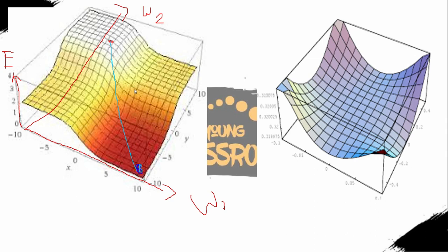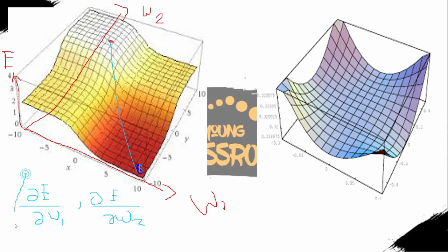So in gradient descent we move along the derivative of these two weights. The derivative is nothing but d error by dw1 and d error by dw2.